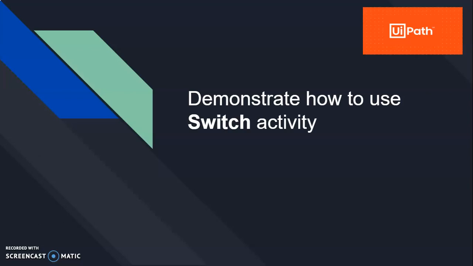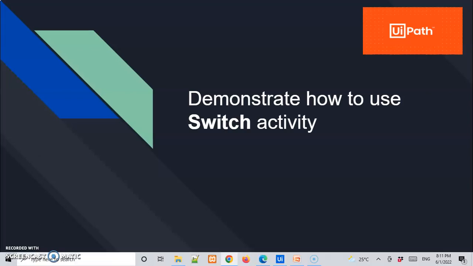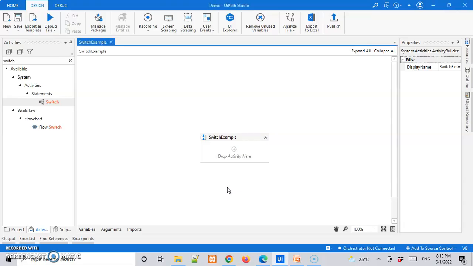Based on the user input, we will display an appropriate message saying that the chosen day is a weekday, or if it is Saturday or Sunday, a message saying that it's a weekend. Let us directly jump to UiPath Studio and see how this can be implemented.